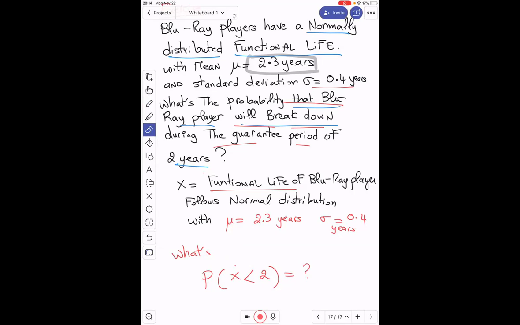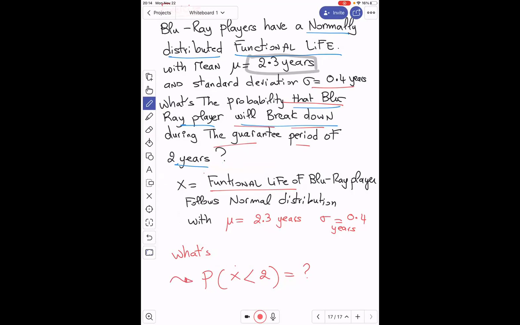Okay, so anyway, whenever you have similar problems, guys, you need to read the problem carefully. You need to know exactly what the variable x is, what the mean is, and what the standard deviation is. I mean, the mean and the standard deviation are given in the problem. But then, of course, you need to understand what the goal of the exercise is. So what do you need to compute exactly?